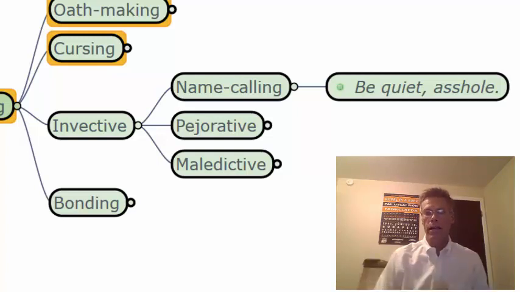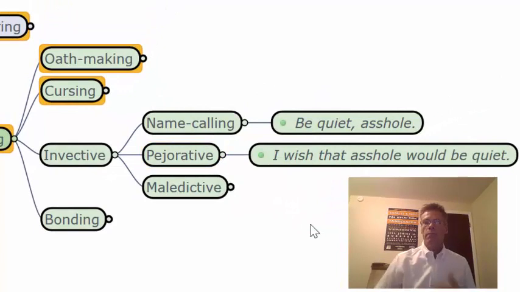That's name calling. And that contrasts with a pejorative, which is similar. You're still using a slur, but in this case, you're using it in the third person. I wish that asshole would be quiet. So in this case, that's a pejorative because you're not talking to the person you consider to be an asshole. You're talking about them. That's a pejorative.